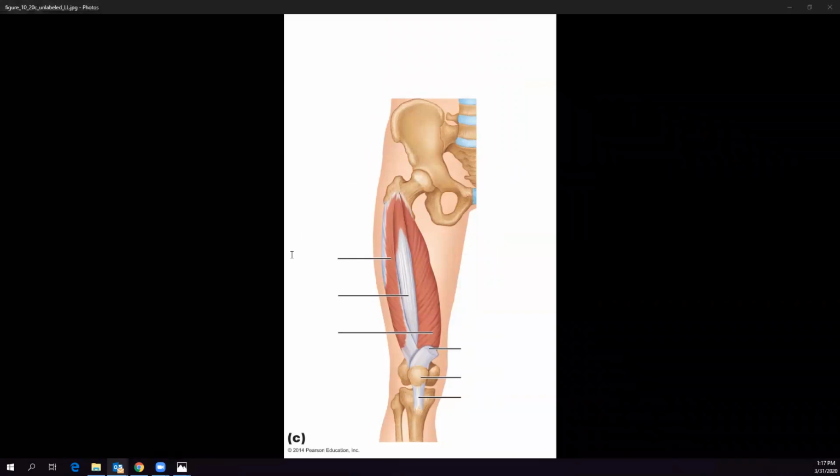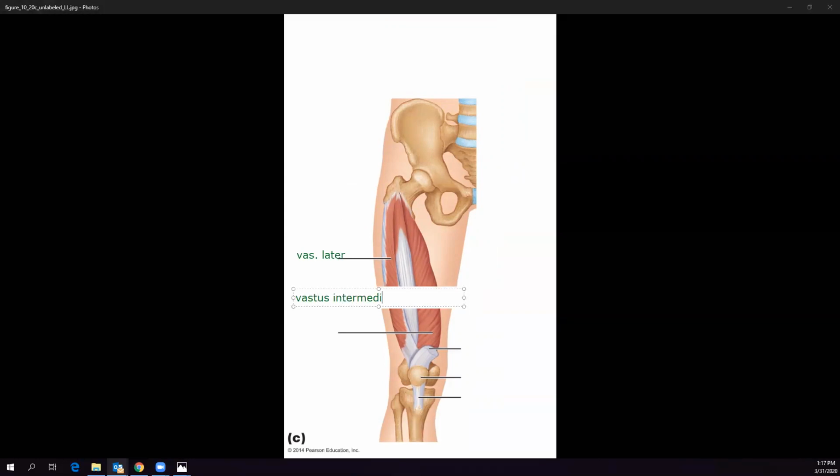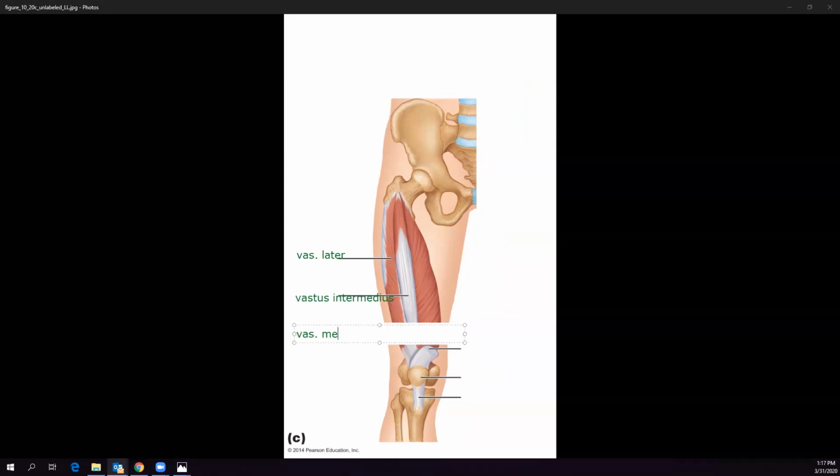Okay, and I'm just going to abbreviate. So this is the vastus lateralis. Okay, this now is the vastus intermedius, because it's right in the middle between the lateralis and the medialis. And then this one is the vastus medialis.